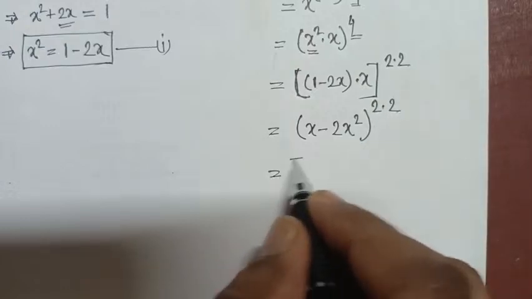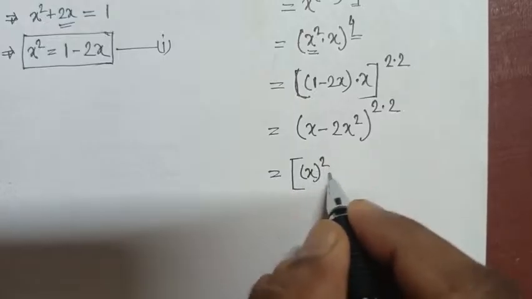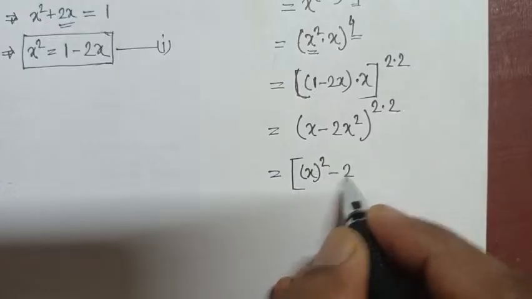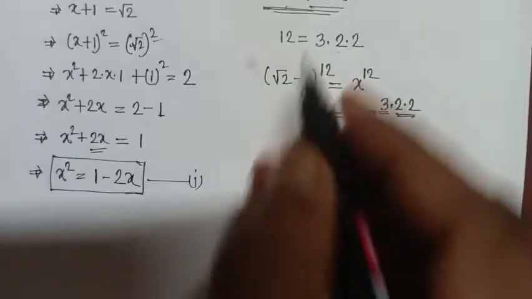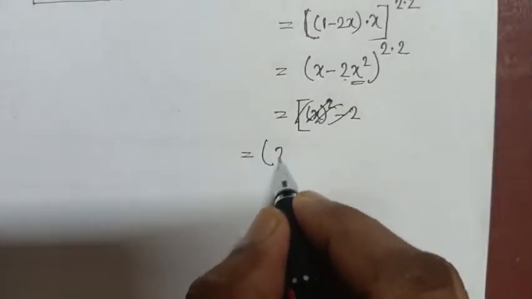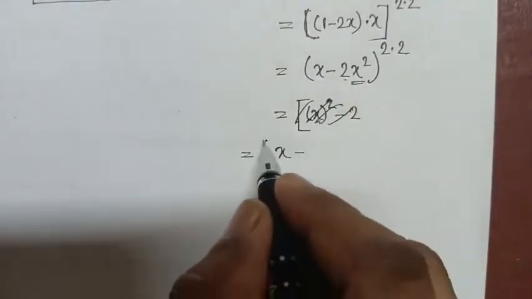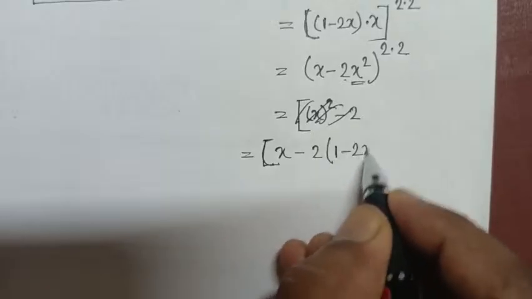Now if we take this, we get x square minus 2. Now we know the value of x square is equal to 1 minus 2x. We are going to replace here that value of x square, that is 1 minus 2x.